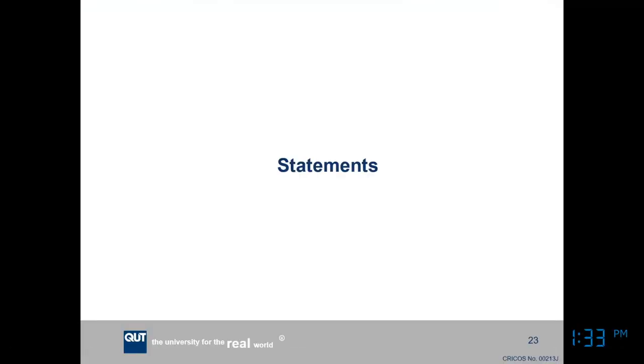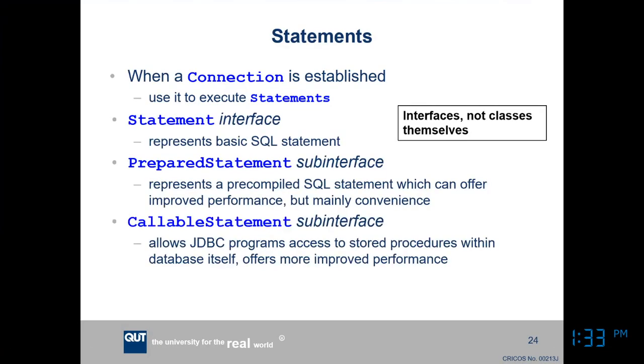Once we have a connection, we want to actually do stuff with it. So, when a connection is established, we can make use of it to execute statements. Statement is an interface that has a bunch of different sub-interfaces under it that are used for more specific things. None of these are actually classes themselves. Instead, you'll get classes that implement these interfaces within the JDBC driver.